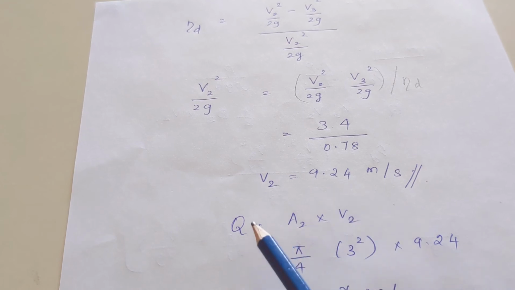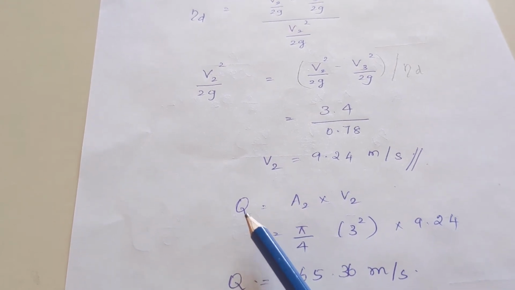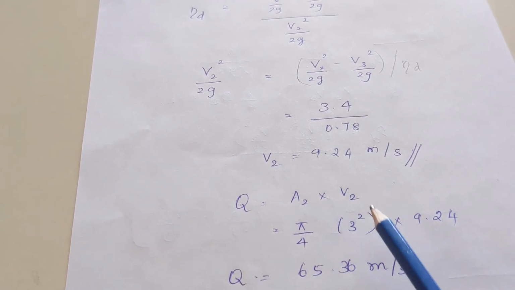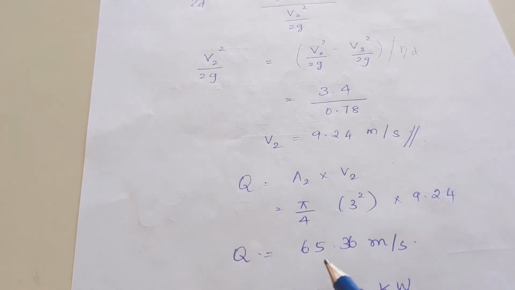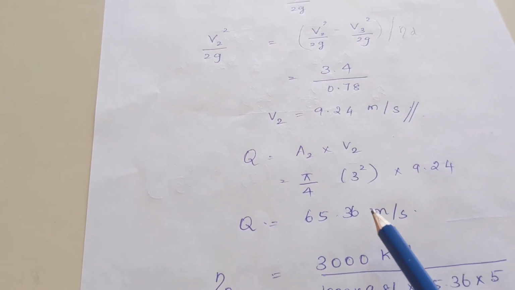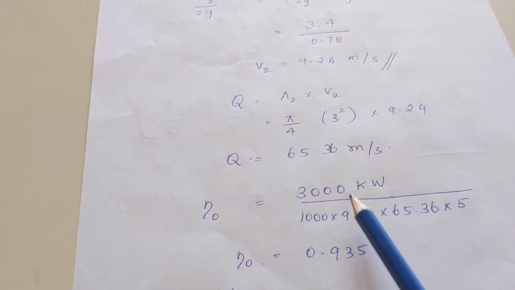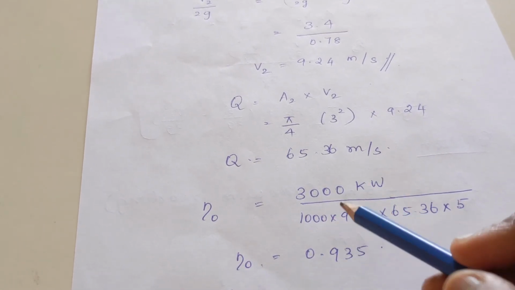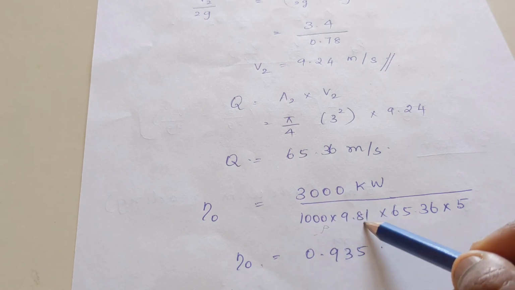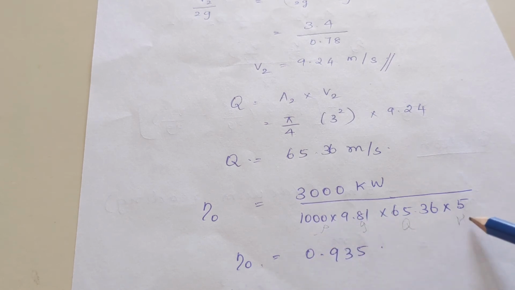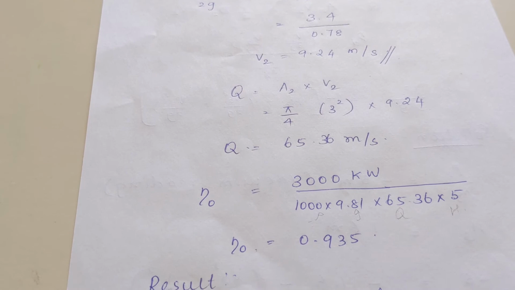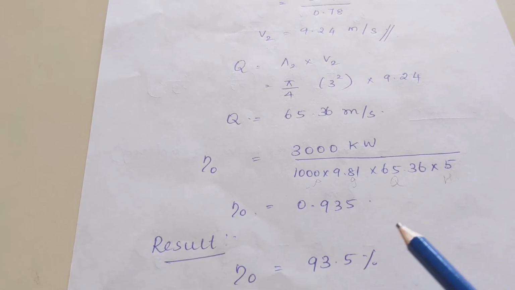So finally, you will get the discharge, Q is equal to A2 into V2. From the discharge, we know overall efficiency is equal to output power divided by input power. Input power is nothing but rho G Q into H. Substitute the value and finally you will get the answer. Clear?